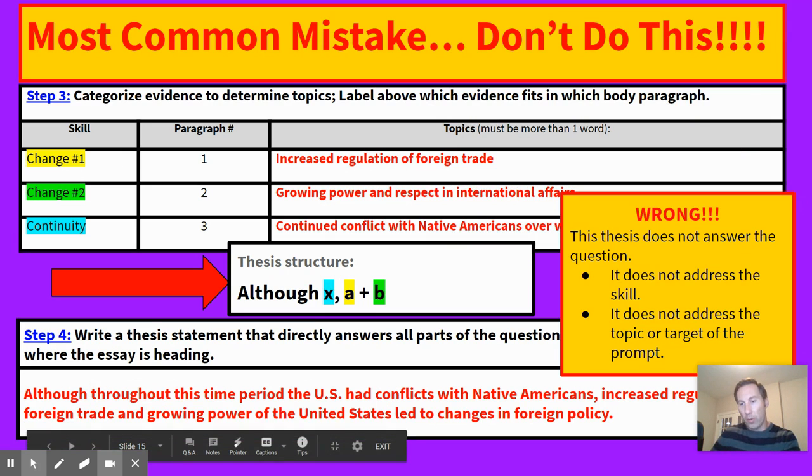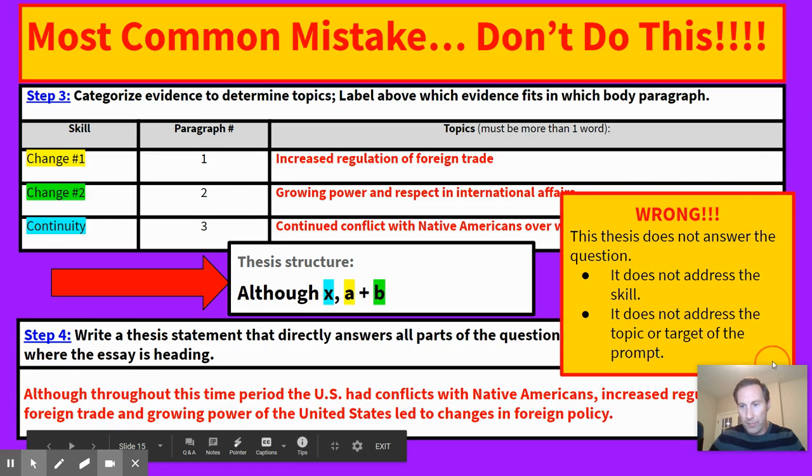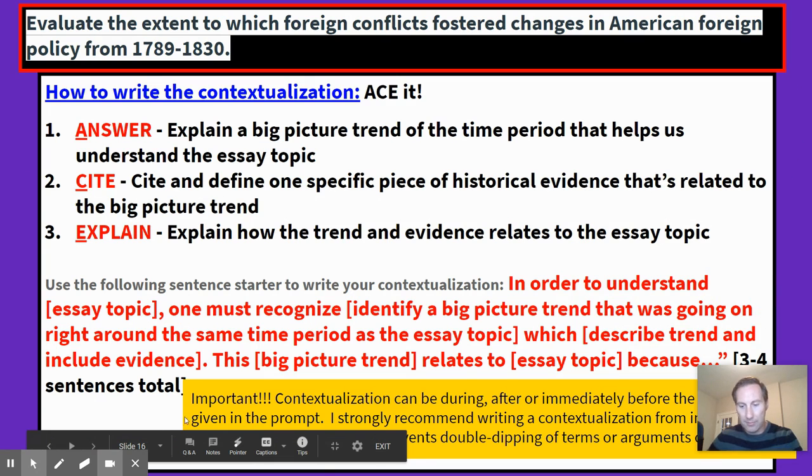Before we move on to our paragraph construction and our contextualization, I want to talk about the most common mistake that I see when I'm looking at thesis statements about continuity and change over time. So this is an absolute don't do. All right, and let me go back.